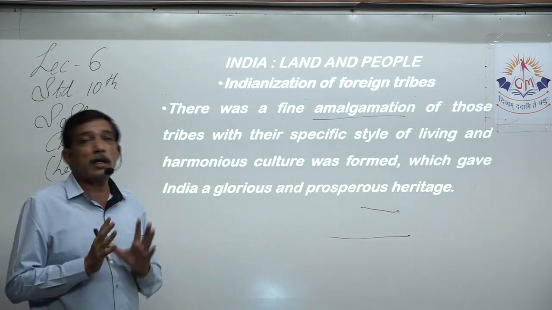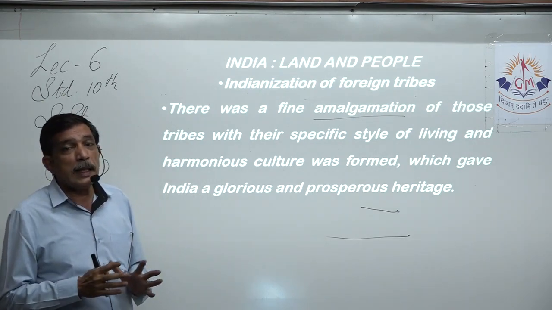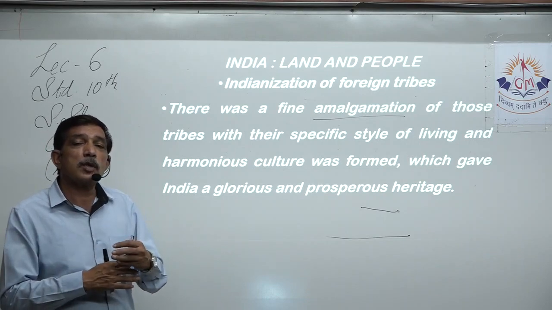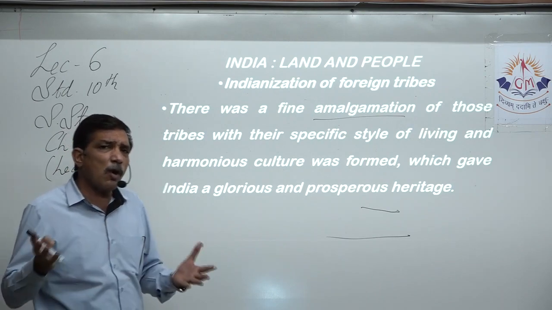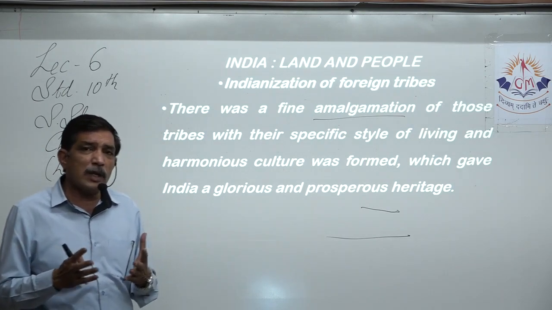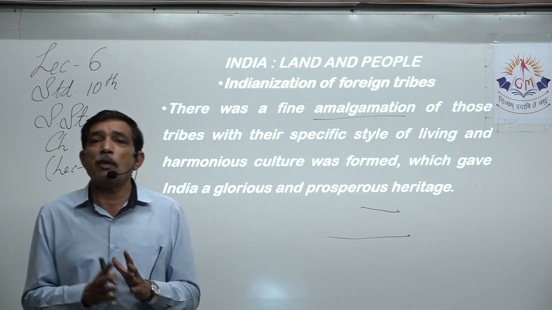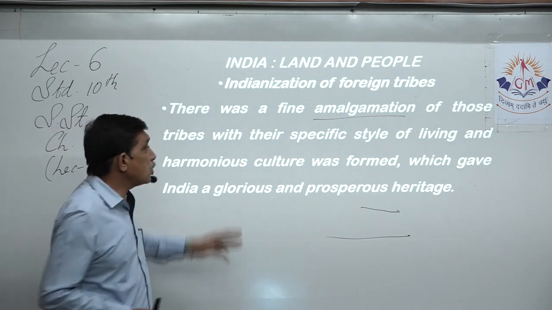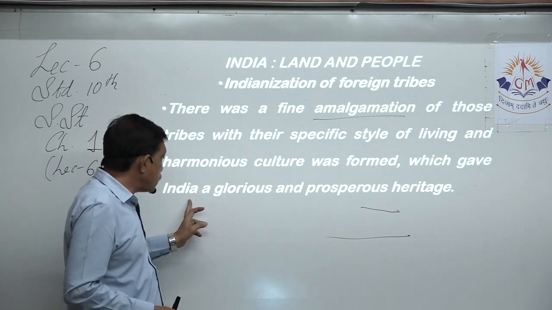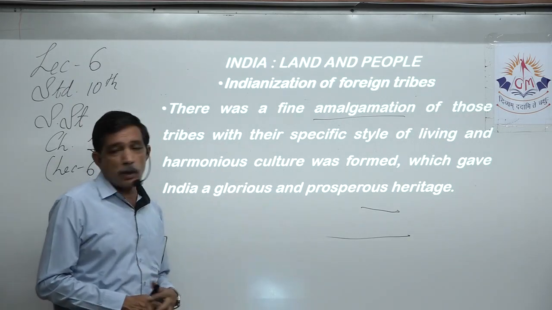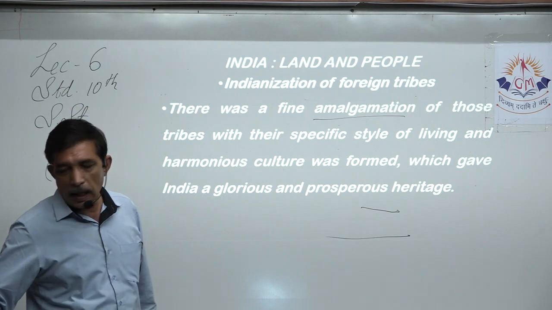When they came over here, they found peace, they found prosperity, so they mixed with the tribes living in India very much, and they harmonized themselves. They also did not want war and fighting and all that. They wanted to have a peaceful living, coexisting. So a very good harmonious culture was formed, which gave India a quite glorious and prosperous heritage.